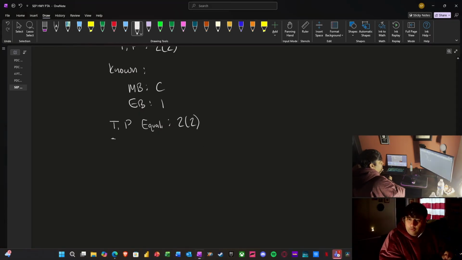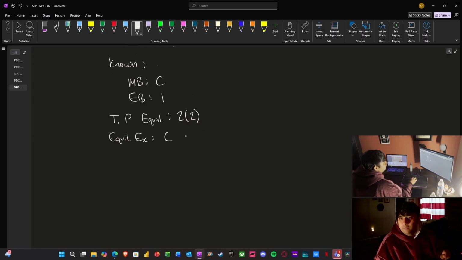And then we also have our equilibrium expression, which is just C.